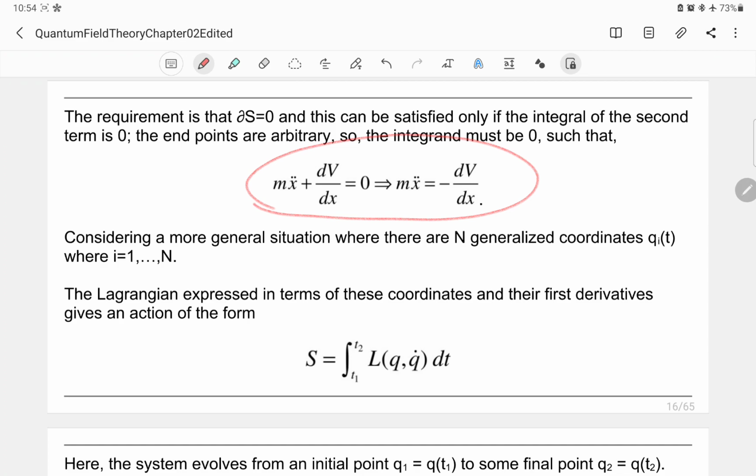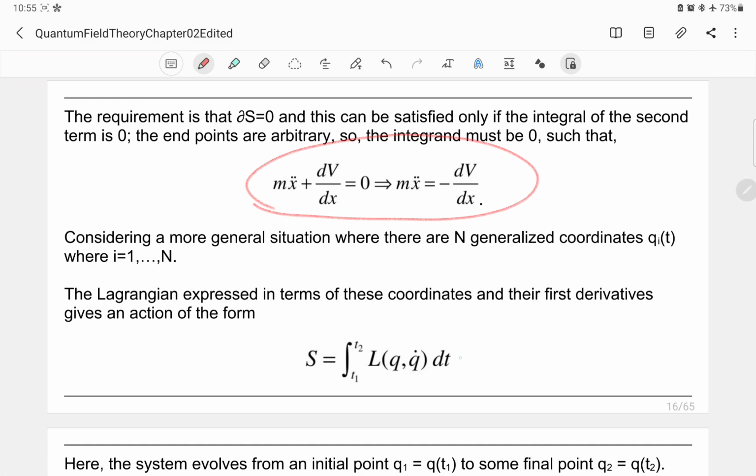So if we consider a more general situation where there are n particles or n number of systems or n generalized coordinates q_i(t), where i is equal to 1 to n, the Lagrangian would have to be expressed in terms of the coordinates and their first derivatives.